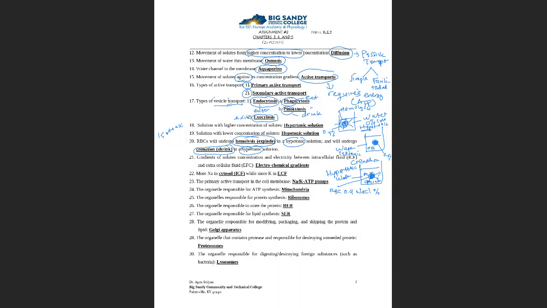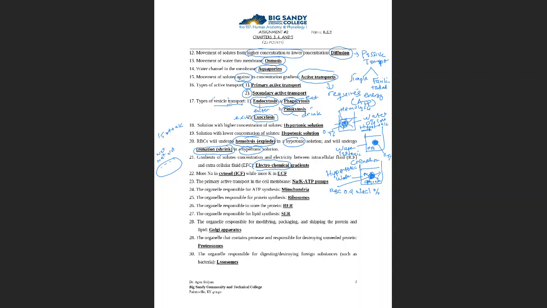Number 21, the gradients of solute concentrations and electricity between intracellular and extracellular is called the electrochemical gradients. So let's say this cell, this is outside. There is always a difference in electricity because there is more sodium outside. So mostly outside the cell is more positive.